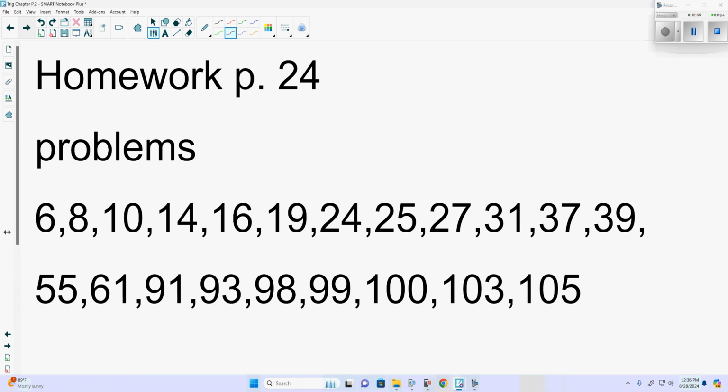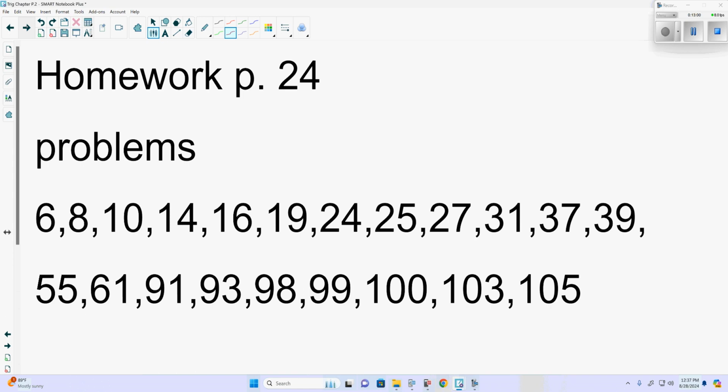Was it 12? Yeah. What page? So that's P1. So there we go.